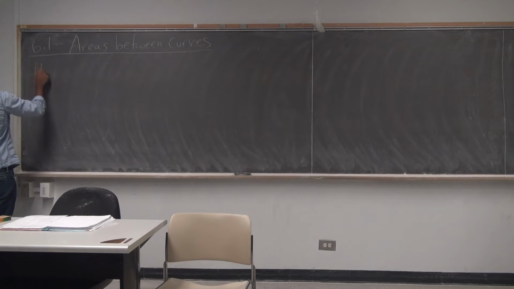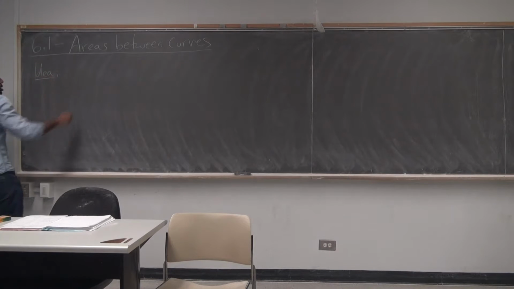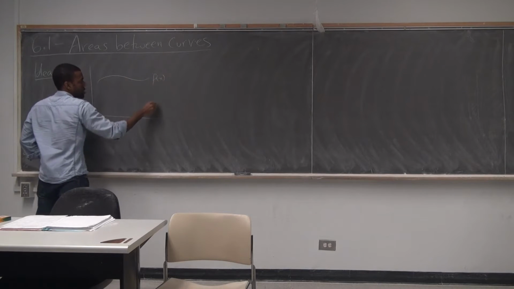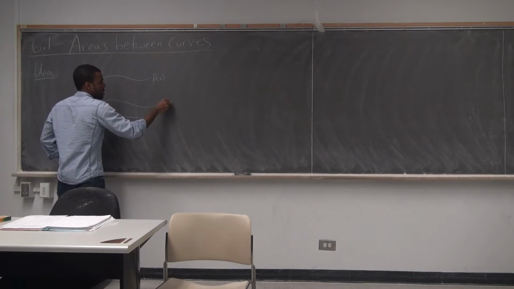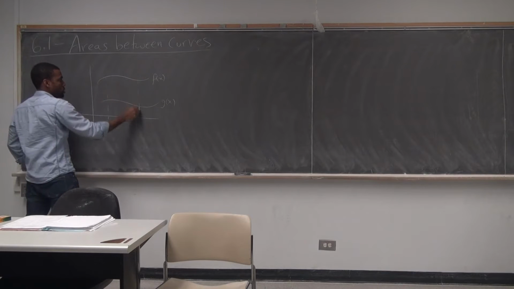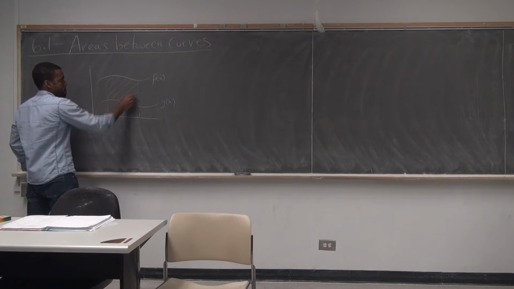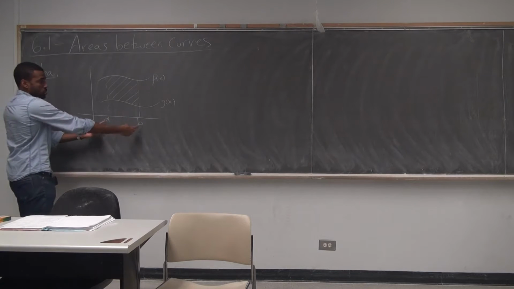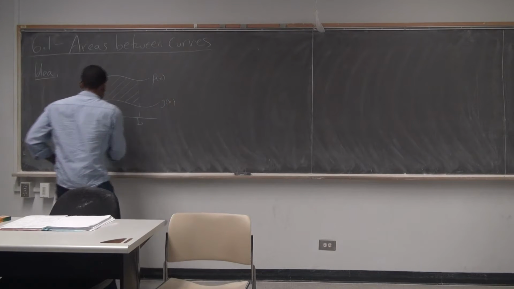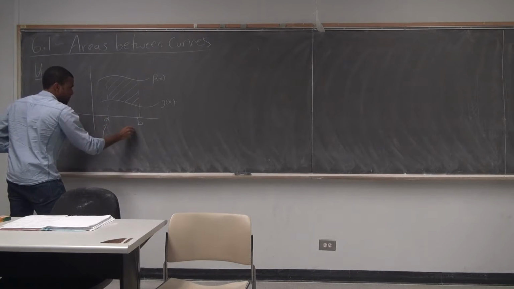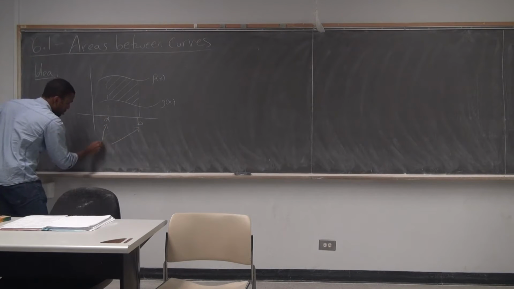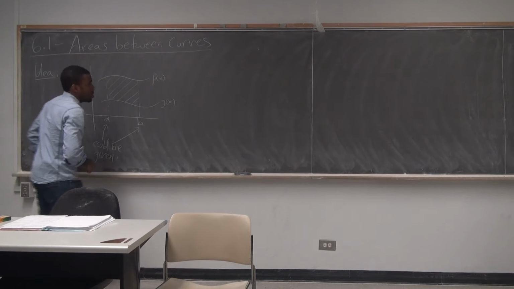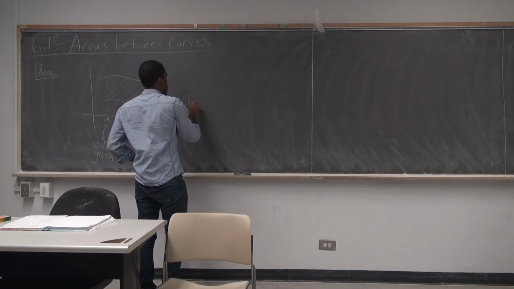The idea is you're given two curves, f and g, and you want to find the area in between these curves on A, B, where the limits might be given to you, or you could have them determined by intersection points.